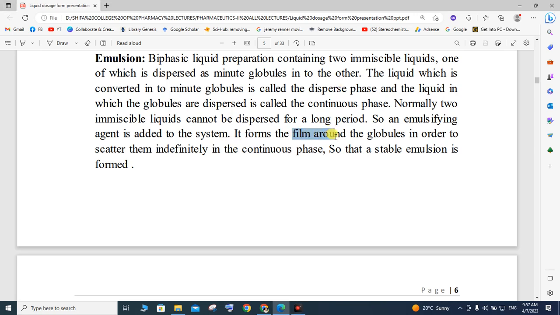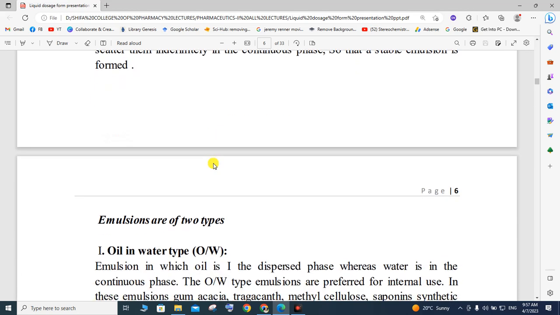It will form a film around the globules in order to scatter them independently in the continuous phase, so that a stable emulsion is formed. Two liquids that do not mix will start mixing by the addition of the emulsifying agent, and a stable emulsion will be formed.